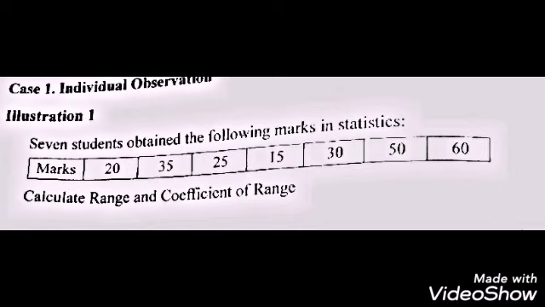Coefficient of range L minus S divided by L plus S, 70 minus 10 divided by 70 plus 10 is equal to 60 divided by 80 is equal to 0.75.